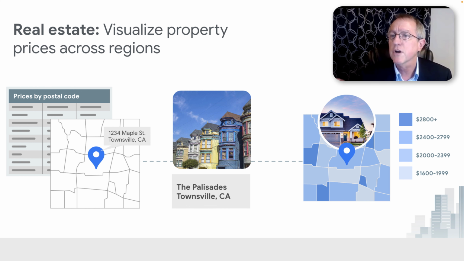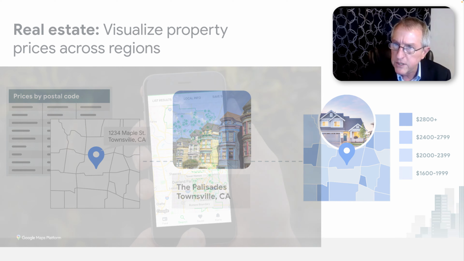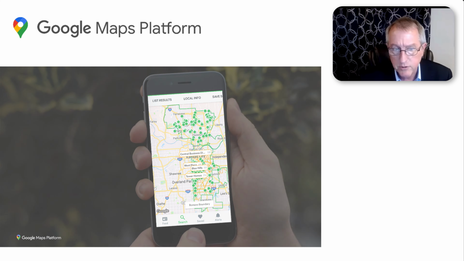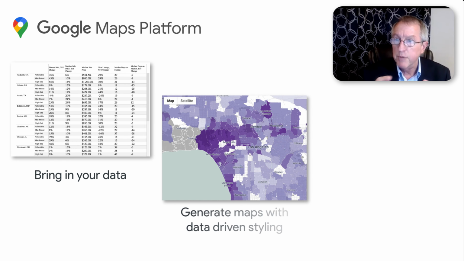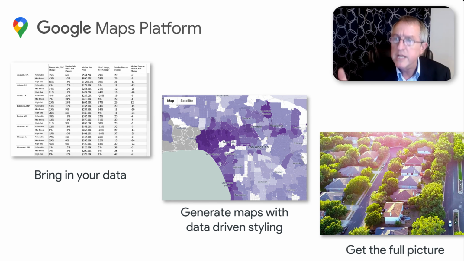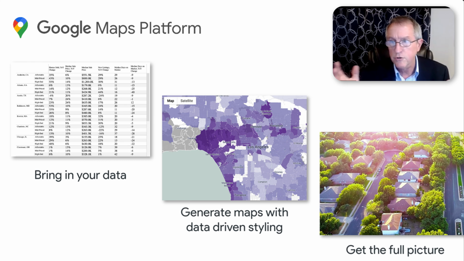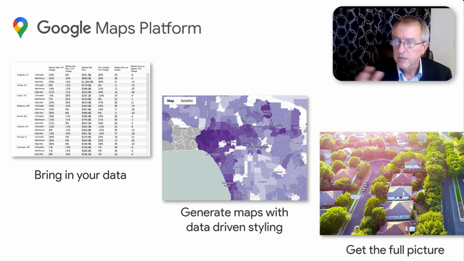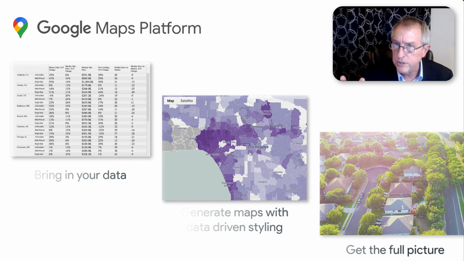The use cases are endless here, and now it can all be done in that very familiar Google Maps environment, taking advantage of Google reliability and scalability. You can bring it in, generate thematics by these administrative boundaries like neighborhoods, and start to understand, in this very easy to use Google Maps environment, the trends of property growth, rises and falls and so forth over time.